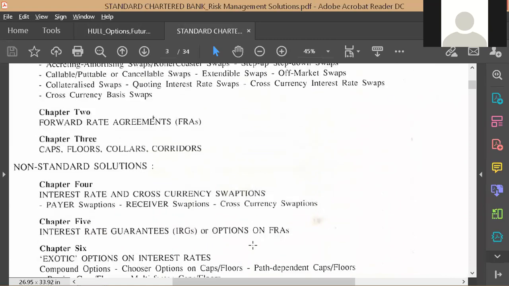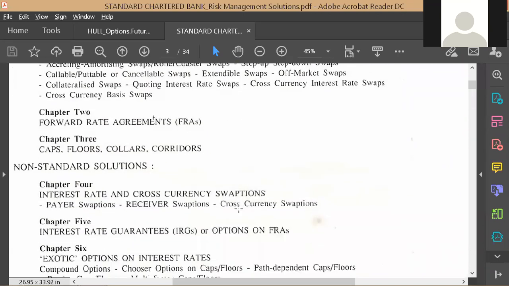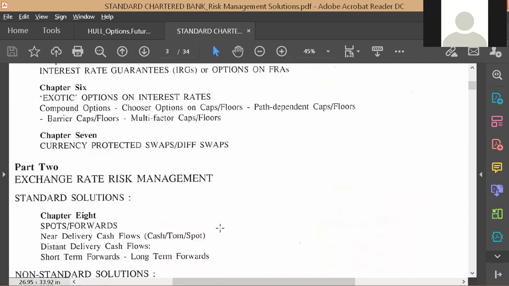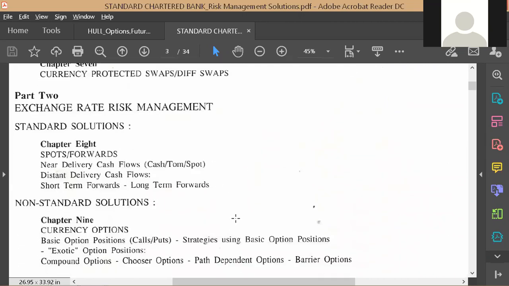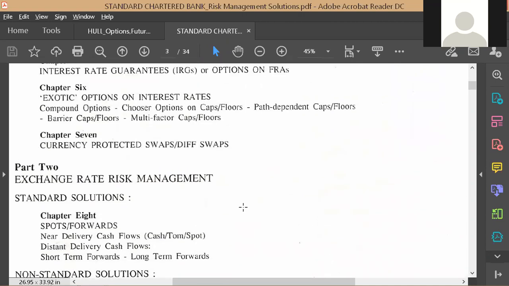Within each of those sections, there's a sub-classification into standard solutions, which are essentially your linear payoff profile solutions, and the non-standard solutions, which are the option-based, non-linear payoff profile solutions. This is how I structured the book.